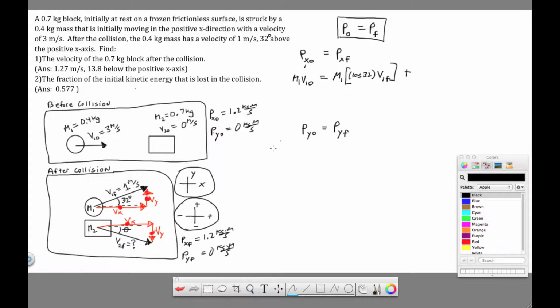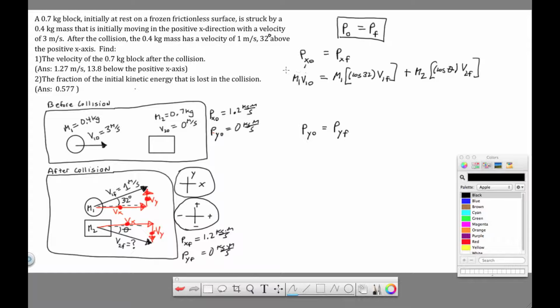Plus, these final momentums are both positive because they both point to the right, plus the x momentum for m2. This is going to be m2 multiplied by cosine theta, right? We don't have that angle. Cosine theta times v2 final.